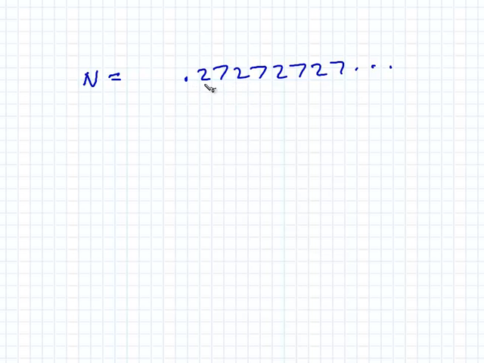So instead of 0.272727, if I move the decimal 2 places, it would be 27.272727. Let's write that down. 27.272727. And it's going to keep on going because this was an infinite chain, and so is that.